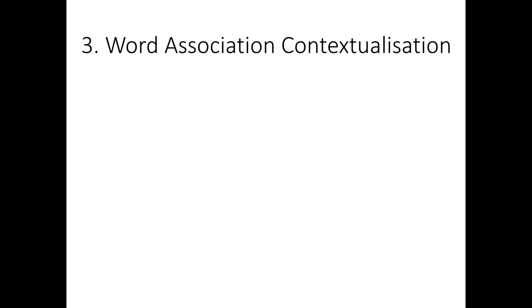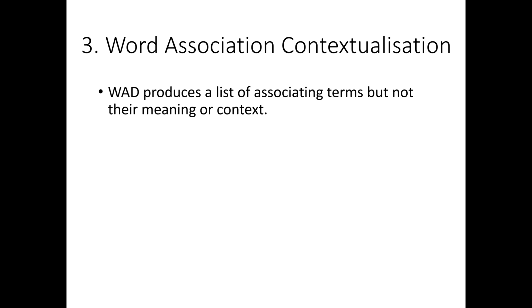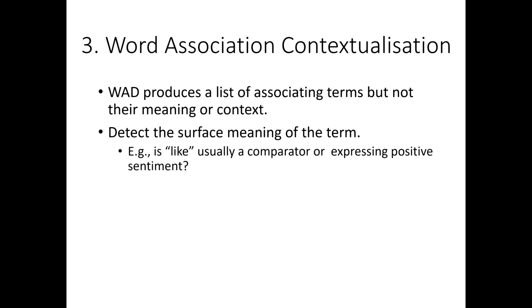The next stage, stage 3 of the WATA method, is word association contextualization. The word association detection stage, stage 2, produces a list of terms that associate with the filters or query, but doesn't explain their meaning or context, and words are almost always ambiguous.